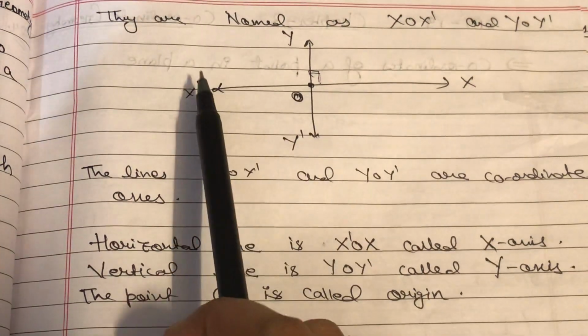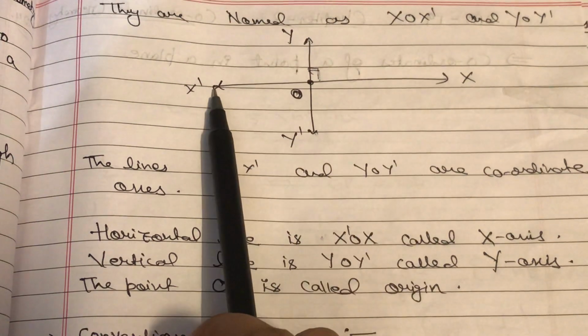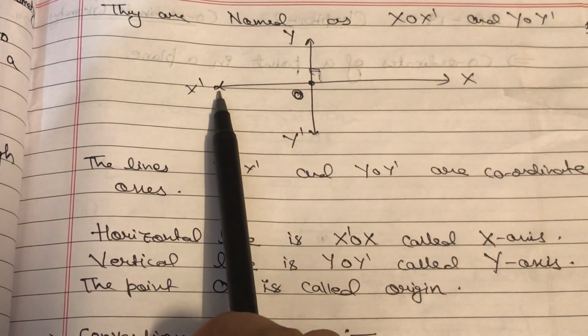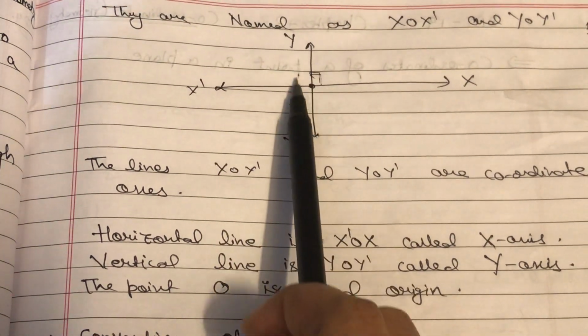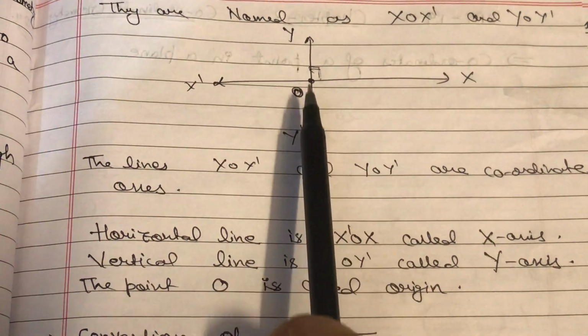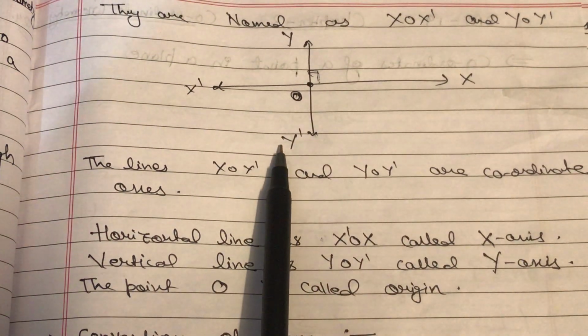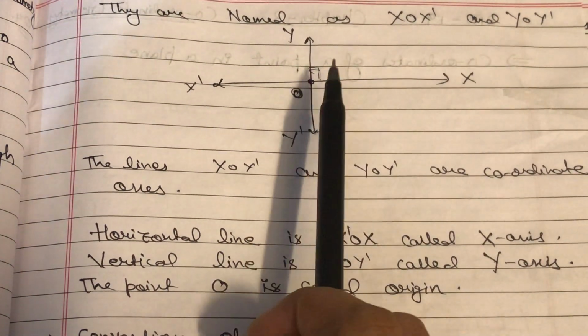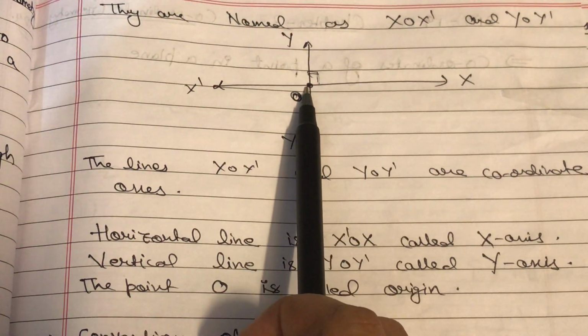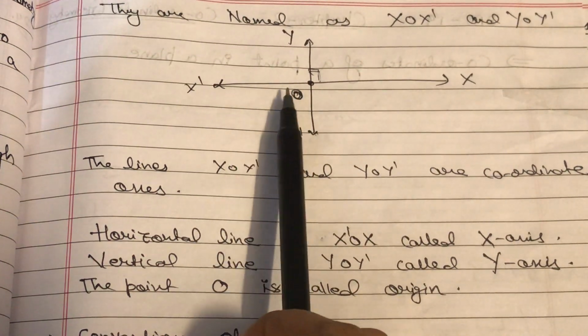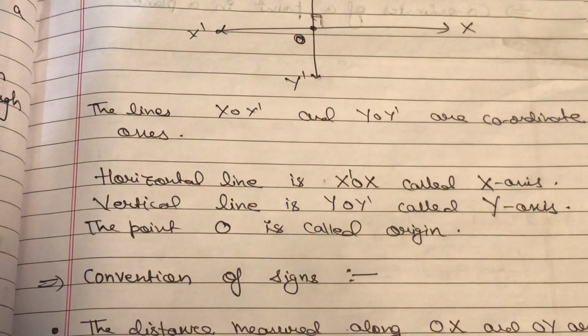Now the horizontal line, X'OX, is called the x-axis, and the vertical line, Y'OY, is called the y-axis, and the point O is the origin. So these are the basics about coordinate geometry.